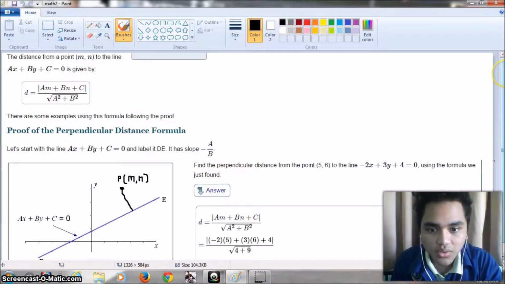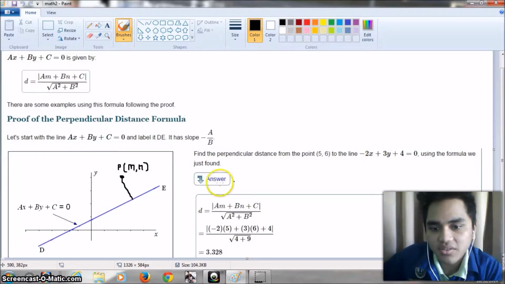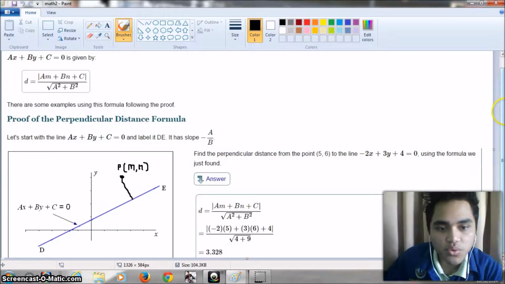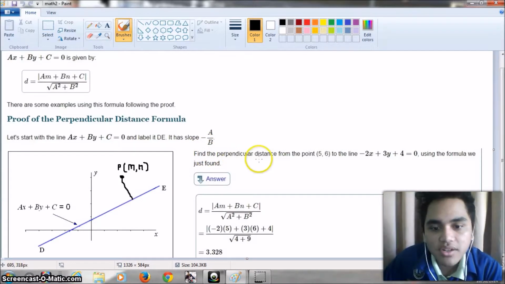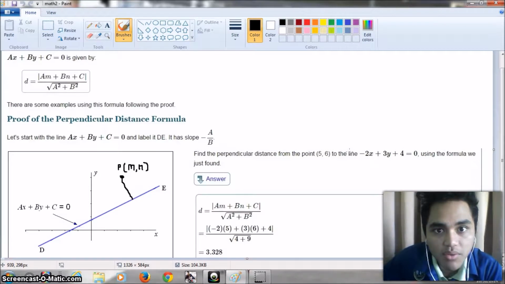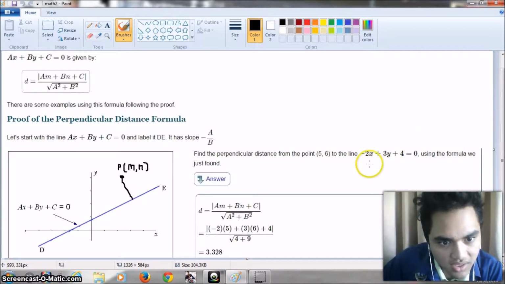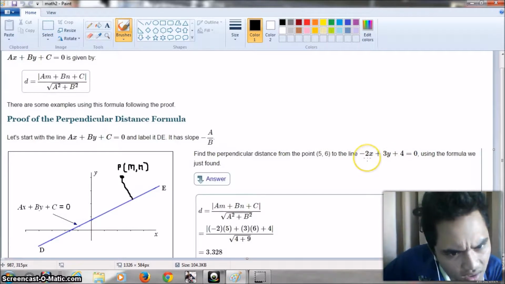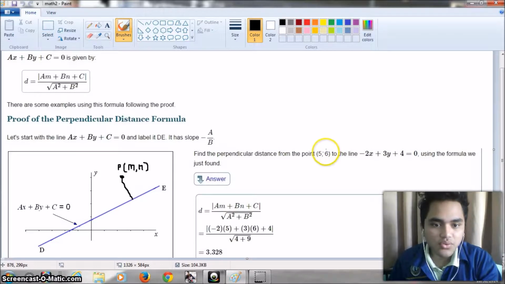I also have a question for you to try. Maybe you should test your ability; it's quite good to know your own ability. Find the perpendicular distance from the point (5, 6) to the line -2x plus 3y plus 4. This is the equation of the line, and a point is also given.